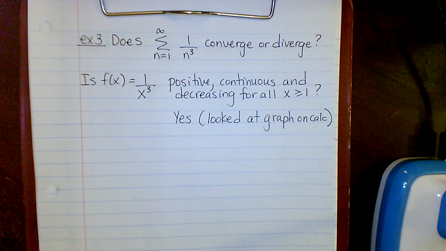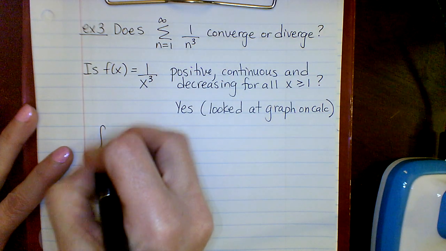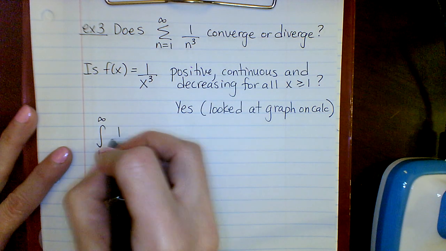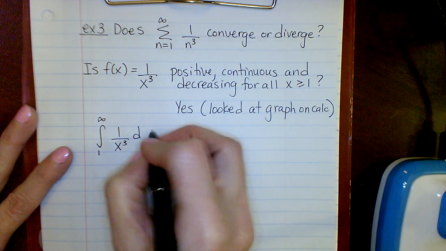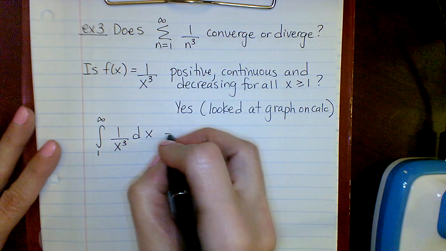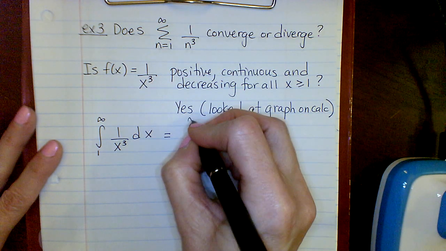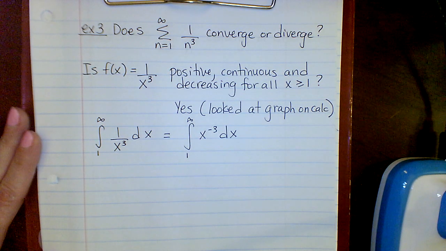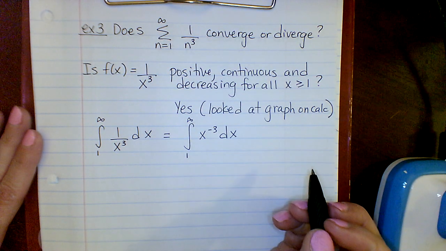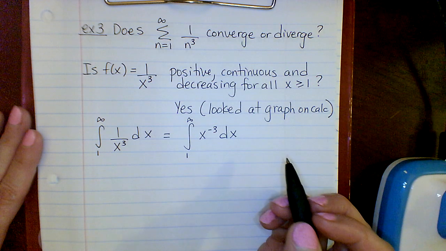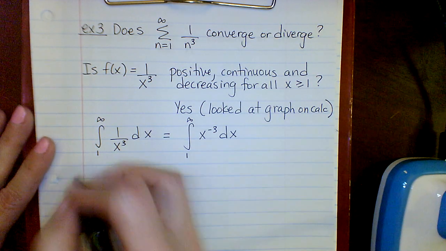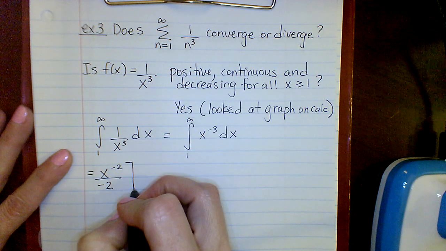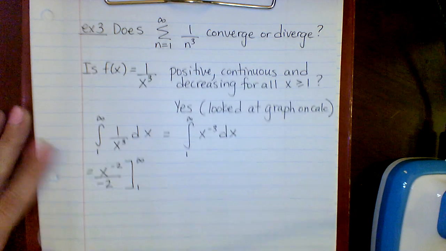All right, so let's integrate from 1 to infinity of 1 over x cubed dx. If I rewrite this as x to the negative 3, then this is just a power rule that I can integrate. That'll be x to the negative 2 over negative 2, evaluated from 1 to infinity.